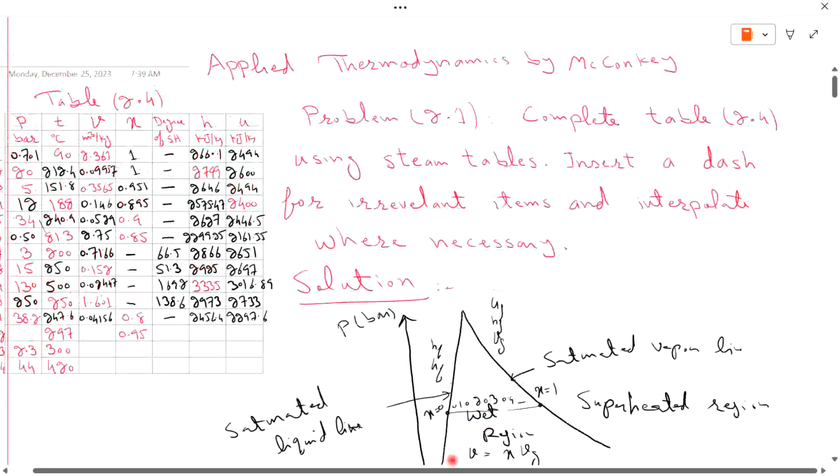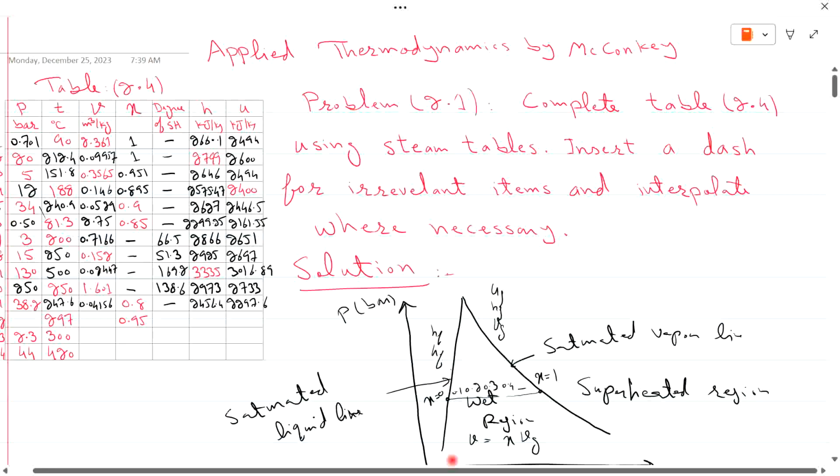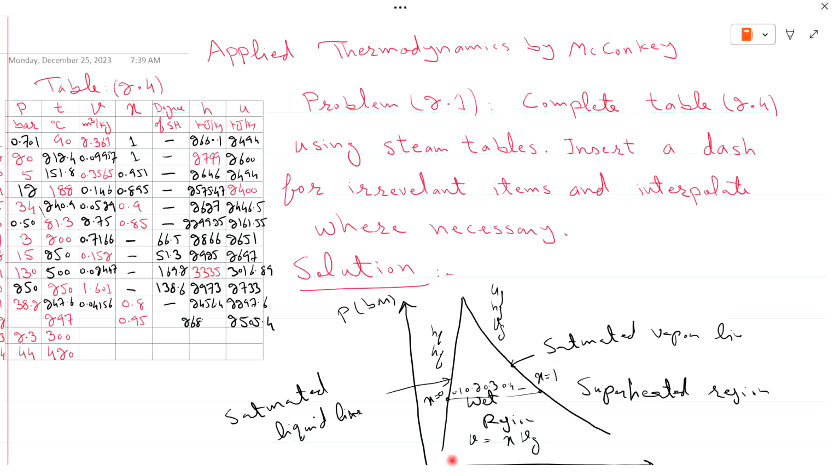So in row number 12, specific internal energy is 2505.4. Specific enthalpy is 2683.35.